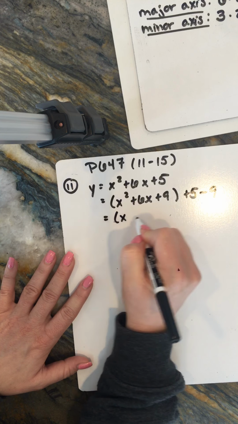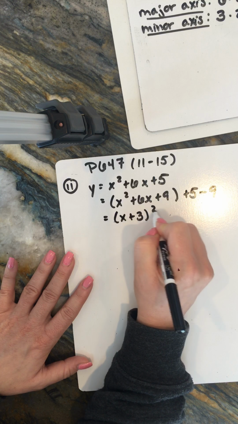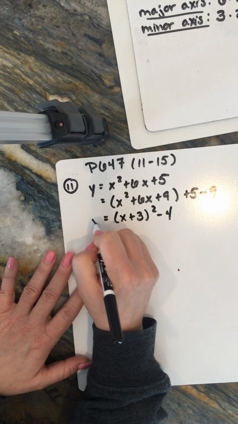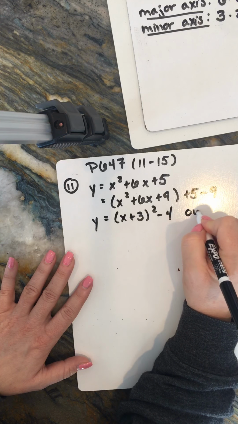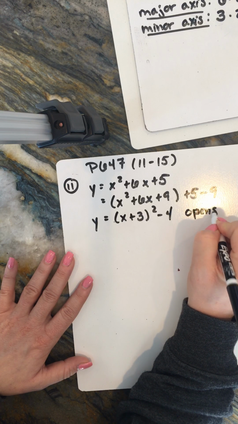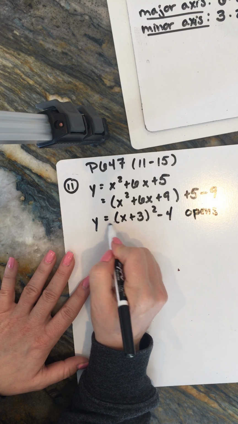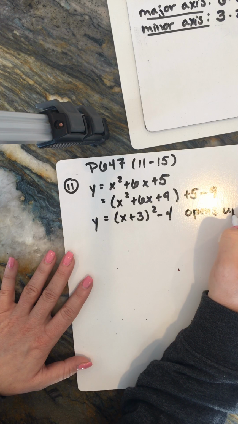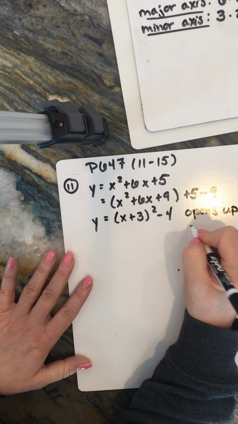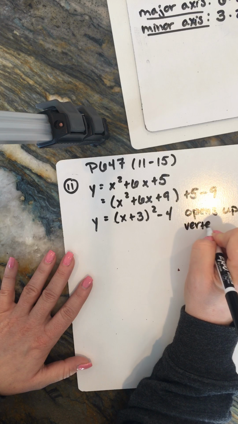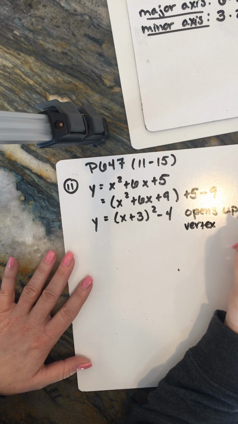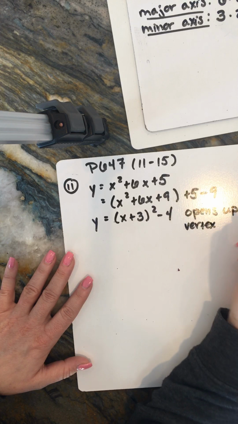So then we've got x plus 3 quantity squared minus 4. We know that this opens up because it's positive a, so it opens up. The vertex, the coordinates of the vertex are -3, -4.